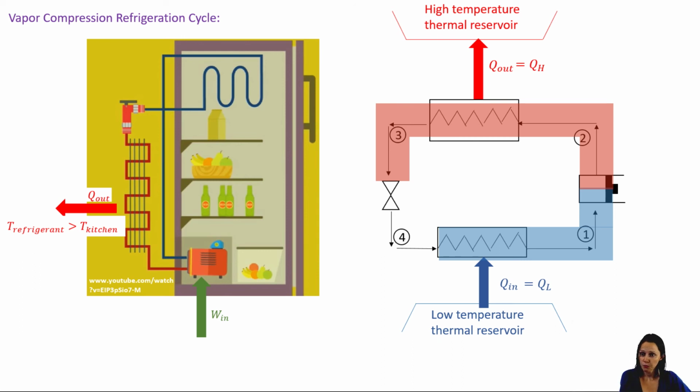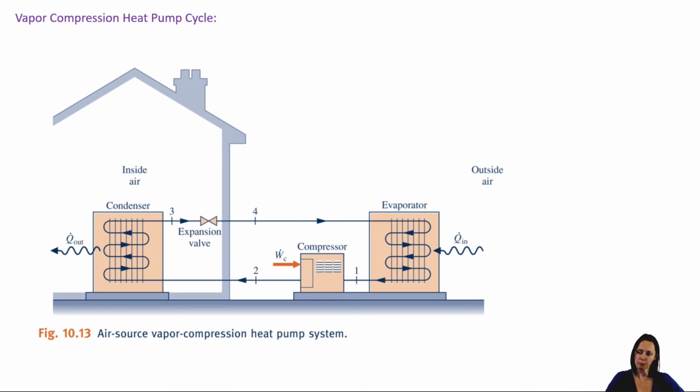And then from 3 to 4, you undergo that isenthalpic throttling process all the way back to state 4 and then to state 1, and the loop continues.